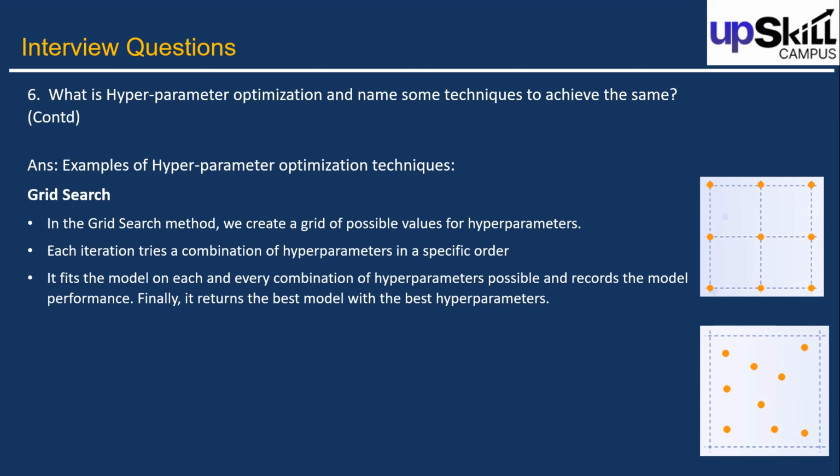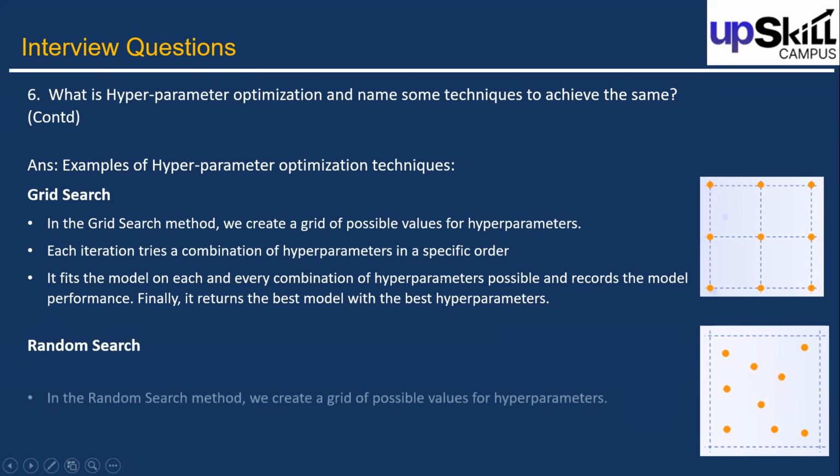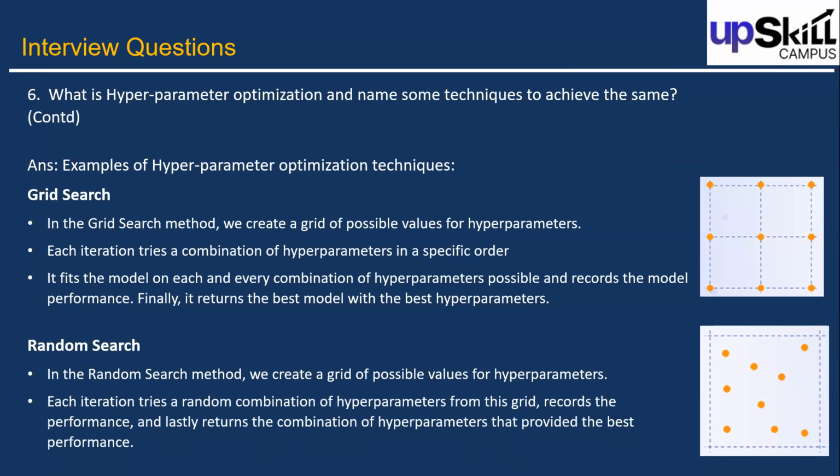Every hyperparameter optimization technique tries combinations and gives you an outcome. But in grid search, you go in a specific order and you try all the combinations. Now, as an example, let me give you the second, which is random search.